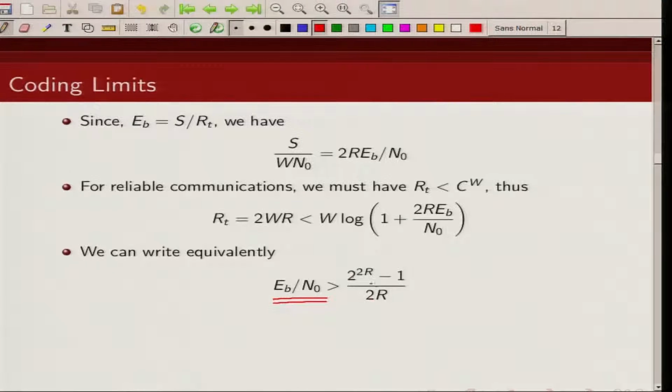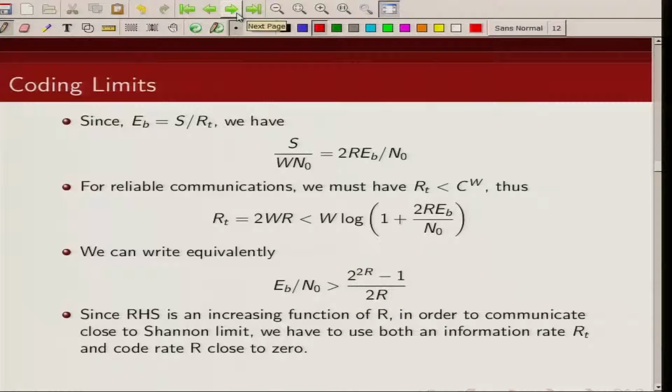Now, this right hand side term is an increasing function of R. So, if you want to communicate close to the channel limit, then your information rate as well as code rate R should be close to 0. In fact, if you let R go to 0, you will get the limit that we had just talked about in the previous problem, which was minus 1.6 dB.